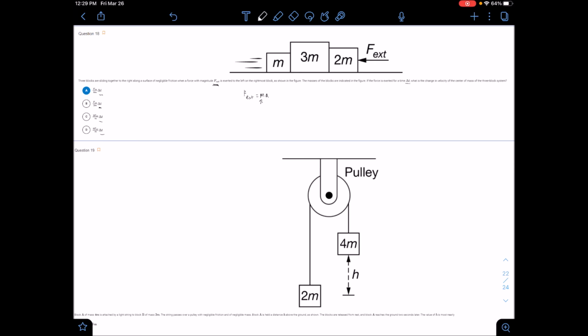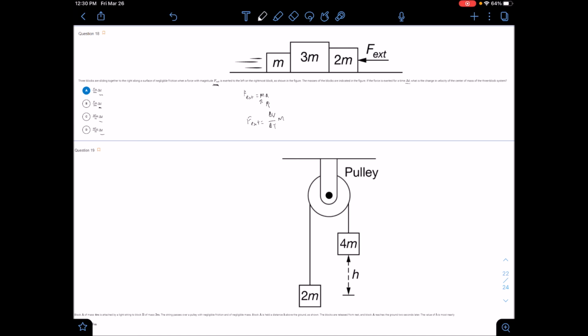For mass, there's not too much to mass. We know mass is a part of weight and stuff. But for acceleration, acceleration is defined as the rate at which the velocity changes. And so we know that acceleration is also equal to delta v over delta t. And so the force external equals delta v over delta t times the mass.